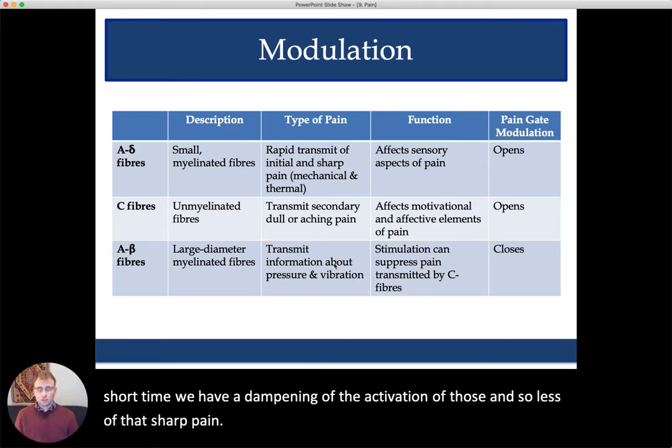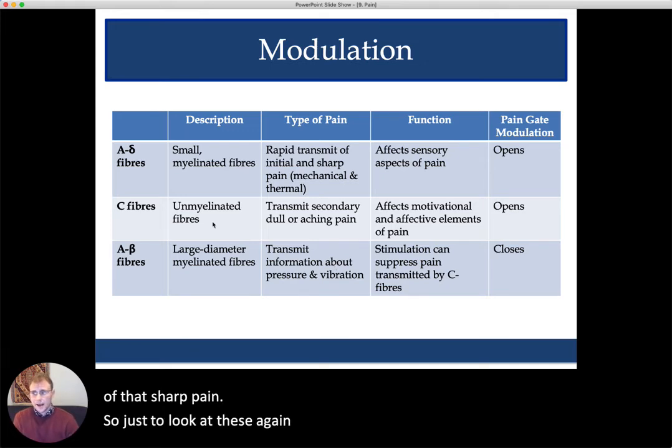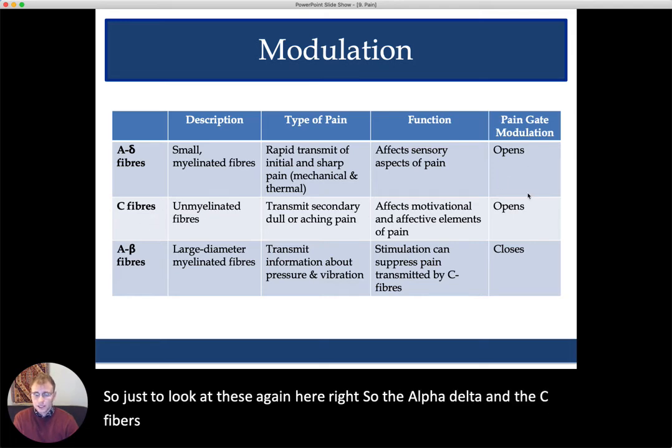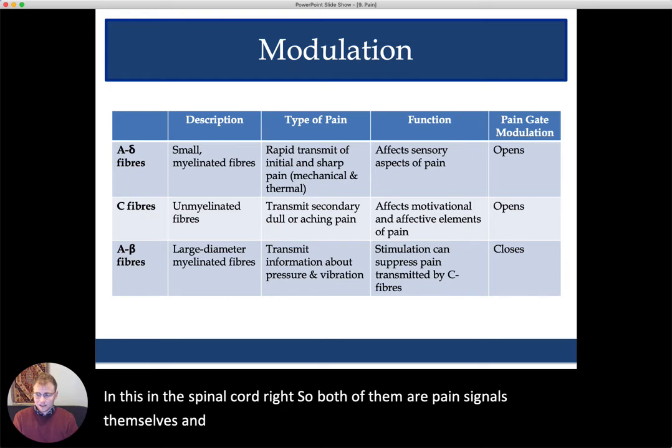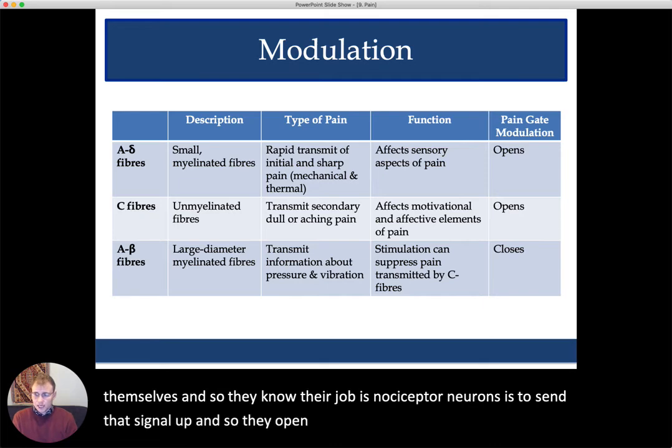So just to look at these again, the alpha delta and the C fibers both open the pain gate in the spinal cord. Both of them are pain signals themselves, and their job as nociceptive neurons is to send that signal up, and so they open that gate. Whereas alpha beta fibers are responsible for closing that gate.